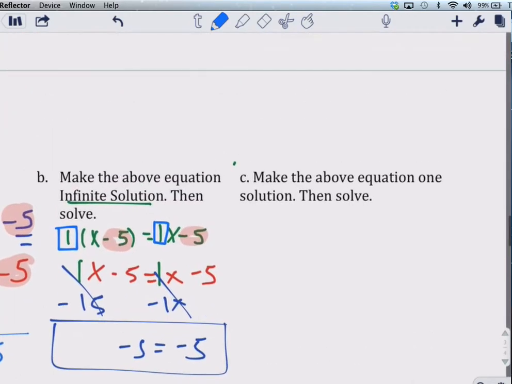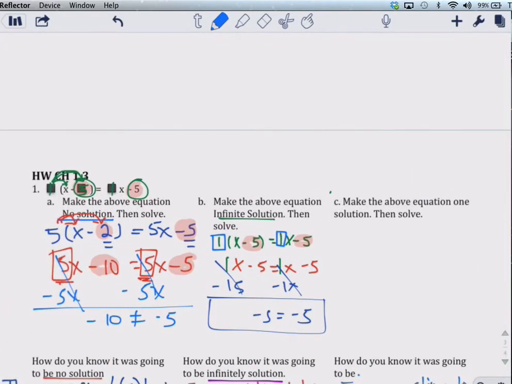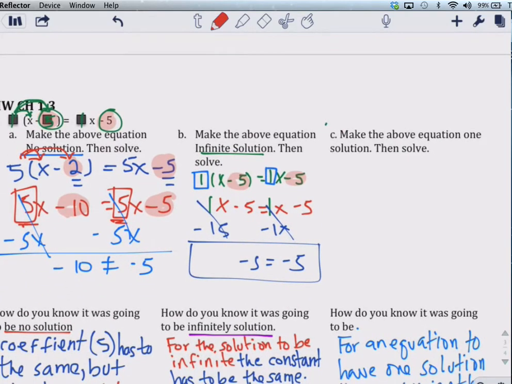So let's make the coefficient different. That means we can make anything.